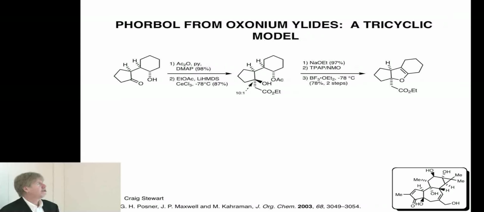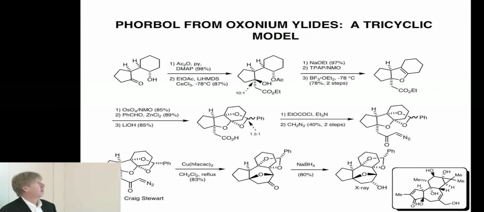And then under the conditions where we would exchange in the sulfur, we could not prevent that from eliminating to the corresponding dihydrofuran. Under no conditions could we get that sulfur in there. So we just decided to try to use this dihydrofuran by doing a dihydroxylation, which was completely facially selective to give us the diol, which we then tied up as a benzylidene acetal, unfortunately as a 1.5-to-1 mixture of benzylidene anomers.